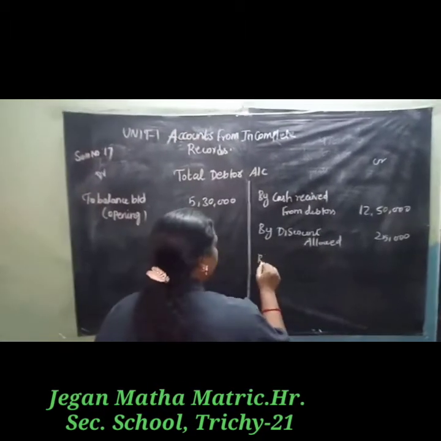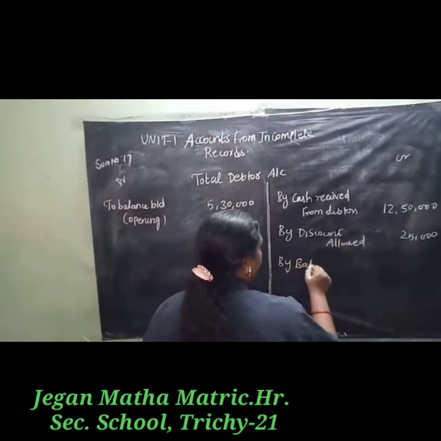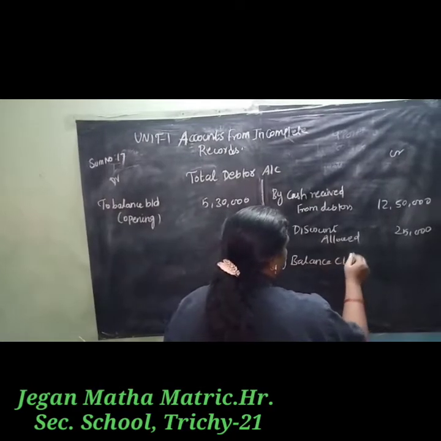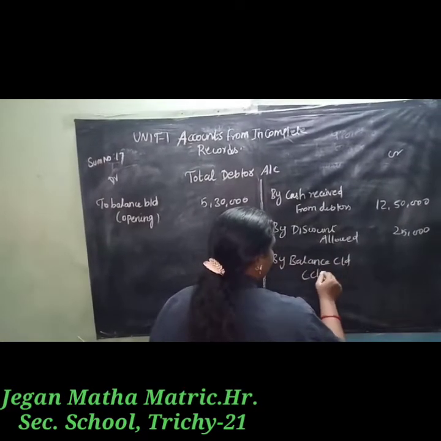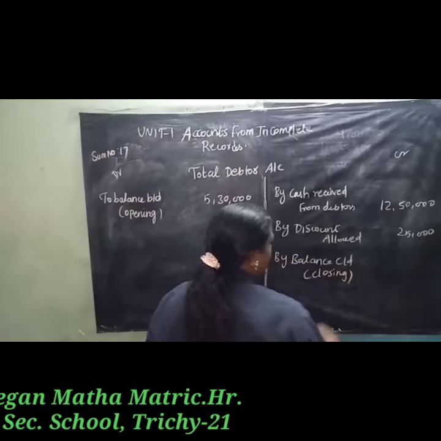Next, by balance C/D, closing debtors. We write the closing balance of debtors on the credit side, 6,40,000.